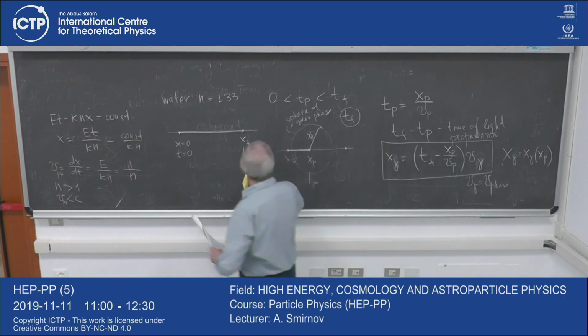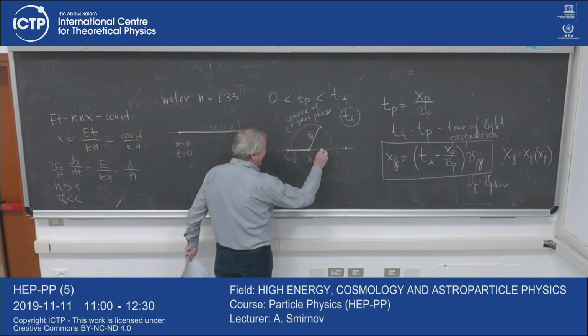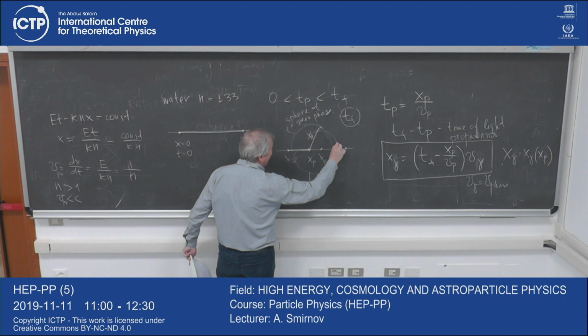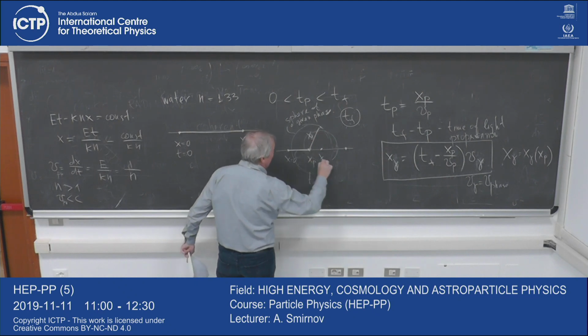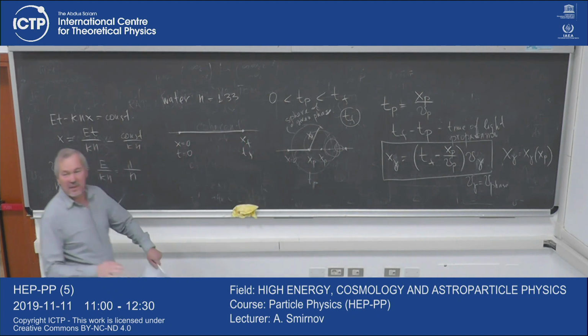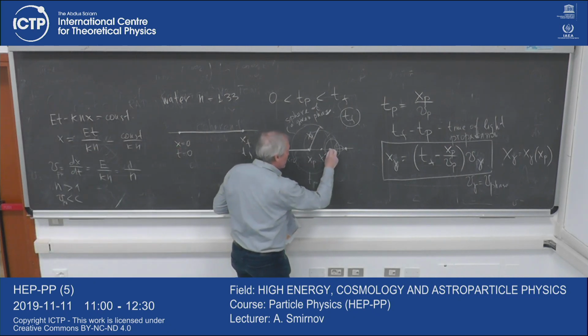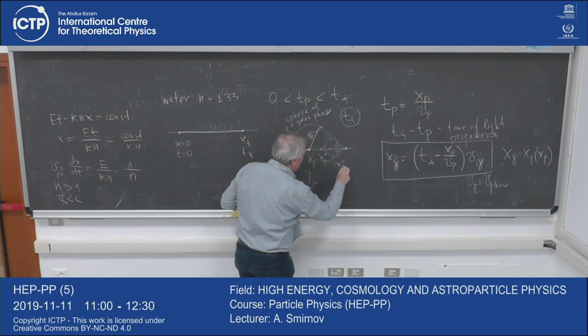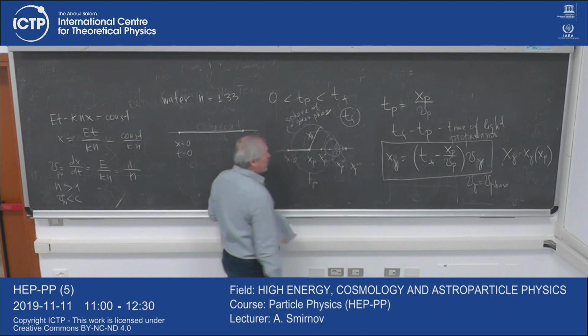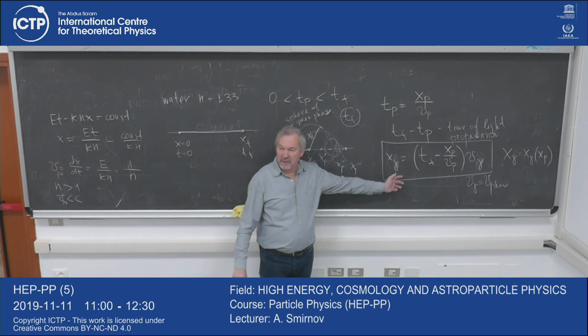So this I have considered for a given point, but then I will take another point like xp prime, and again I will get some front of this type, then another point I will get something like this, then like this, and I will get these spheres which correspond to emission of the light from different points xp. So here it will be xp prime prime, here xp prime prime prime, and all of them will be obeying this property.